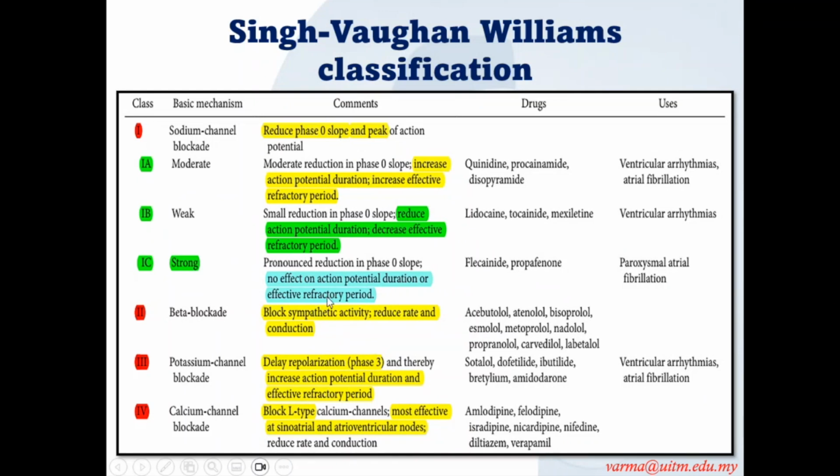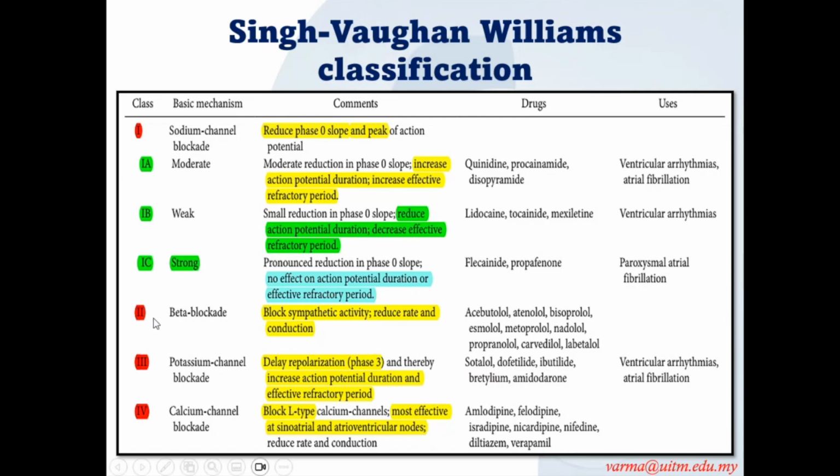This is very important, so remember this. 1A, 1B and 1C all cause a reduction in phase 0 slope, but 1C, being a very strong channel blockade, has a pronounced reduction, followed by 1A and 1B. But they all have a different effect on the refractory period: 1A prolongs the refractory period, 1B reduces the refractory period, 1C no change in the refractory period. How do they cause it? We come into it.